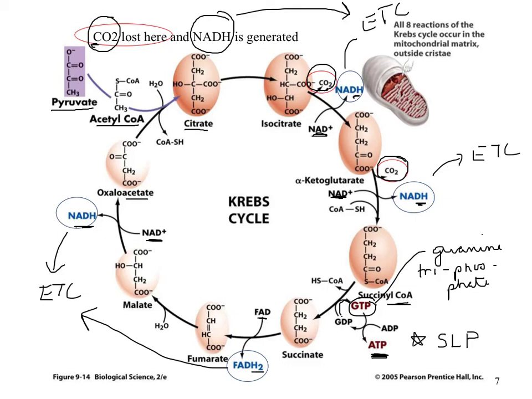The fate of that CO2 is to diffuse out of the mitochondria and then out of the cell and ultimately out of the organism. It is simply lost as a byproduct or a waste product of aerobic respiration. At this point, all of the electrons that were present originally on glucose are now found on reduced coenzymes, which are traveling off to the electron transport chain.